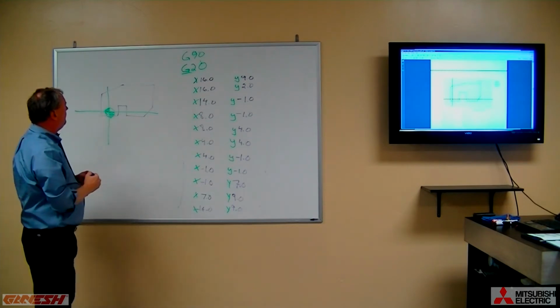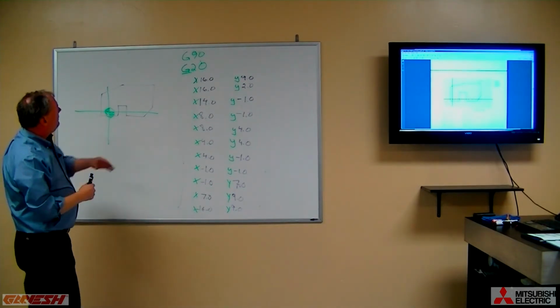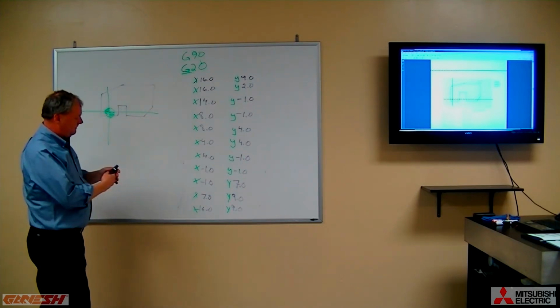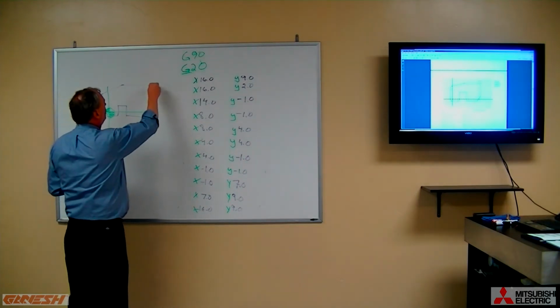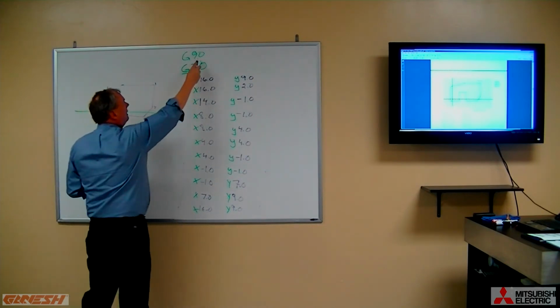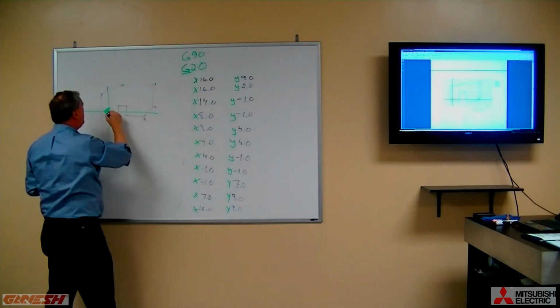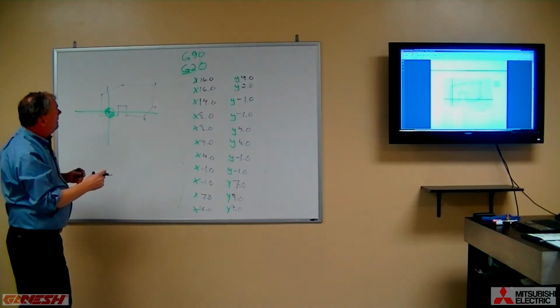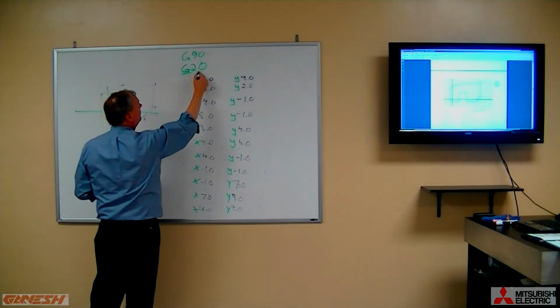Okay, that's our part profile. So what we're saying is all these points, point 1, point 2, point 3, and so on, are absolute values based on that origin point, and that they are also inch units.